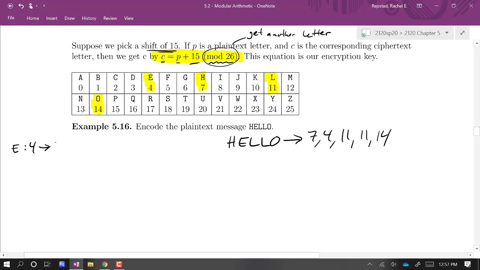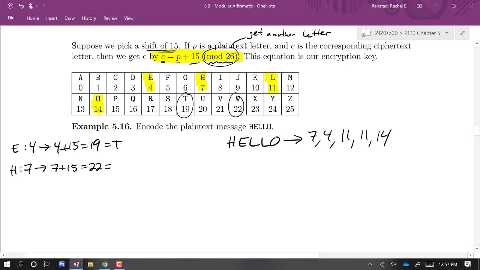So 4 plus 15 is 19. 19 corresponds to T. Let's see, next H is 7. 7 plus 15 is 22.